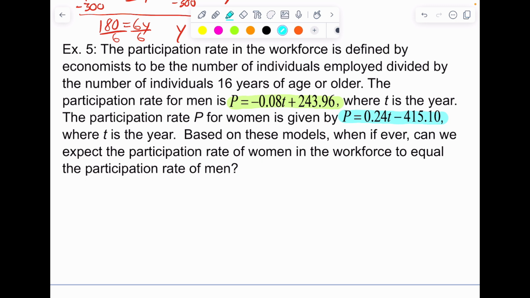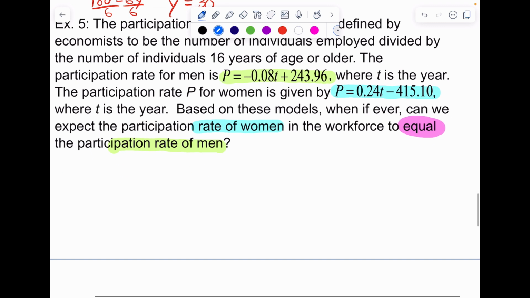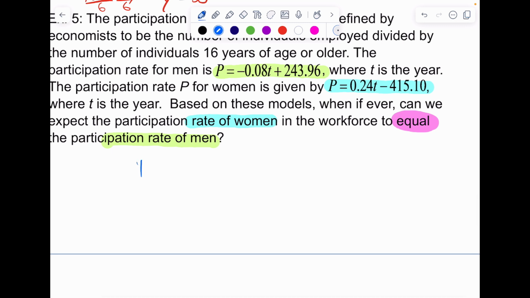Based on these models, when, if ever, can we expect the participation rate of women, in blue, in the workforce to equal the participation rate of men, which is in green? When are they going to be equal? Well, let's use substitution. They want to know when is the participation rate of men going to equal the participation rate of women.